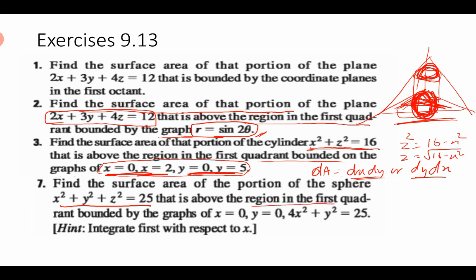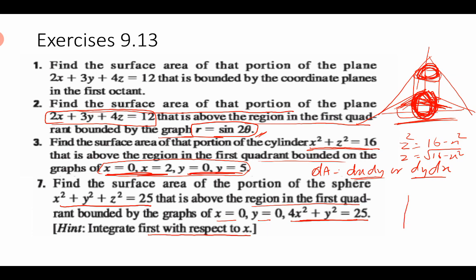That is above the region in the first quadrant bounded by x equals 0, y equals 0, and this is an ellipse. The hint given is to integrate with respect to x first. You are supposed to consider the type 2 region, isn't it? Integrate with respect to x first. So this is an ellipse on the xy plane.